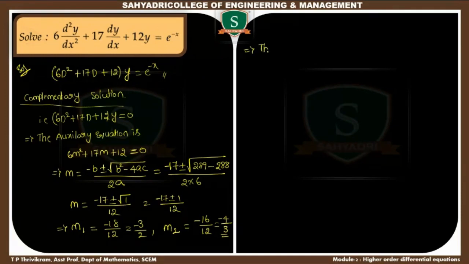Fine. So the complementary solution is Yc equal to, how much? What is the nature of these roots?